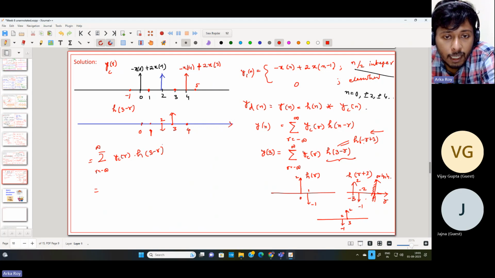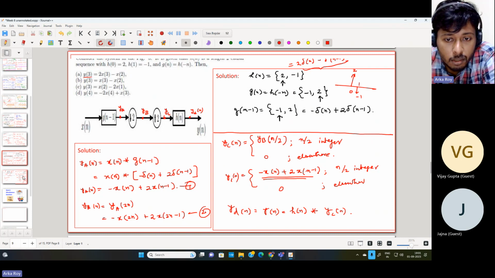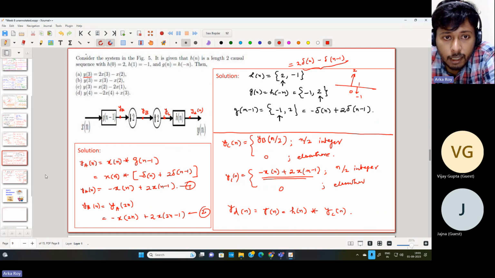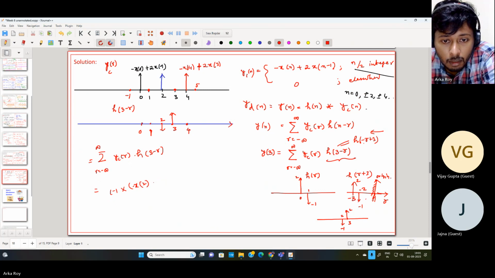So I can write it as minus 1 into the value that is coming over here. So this is x of minus 2, so minus x of 2, and then plus 2 into x of n minus 1.